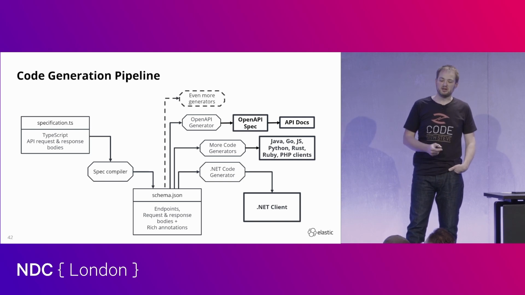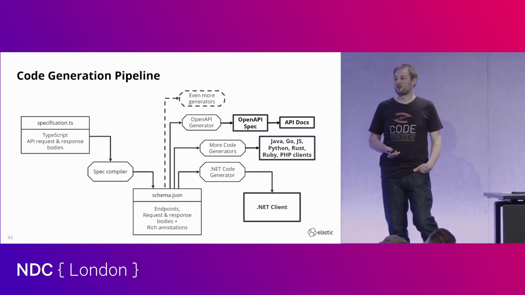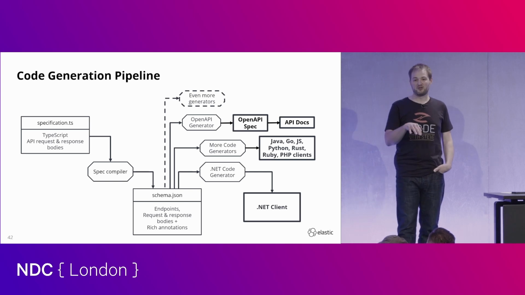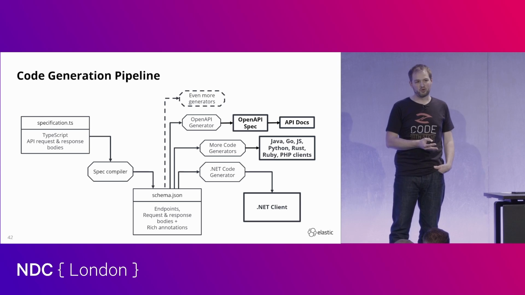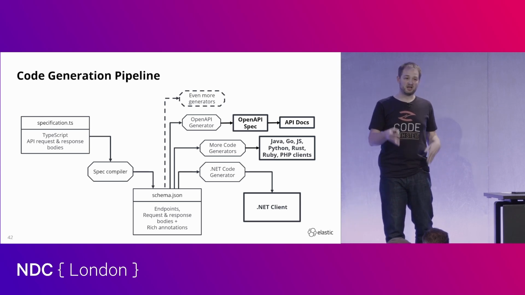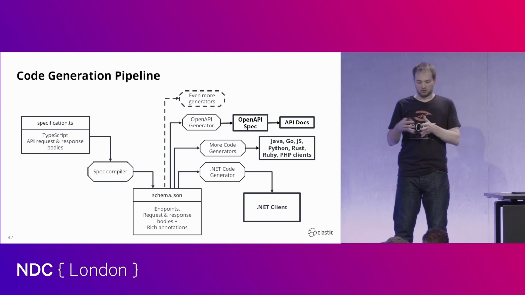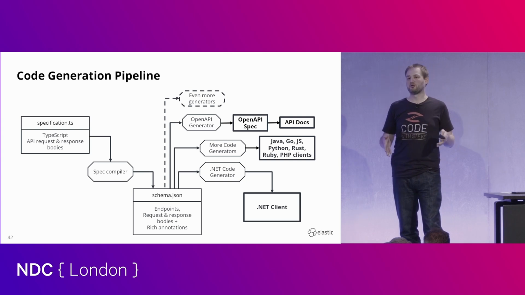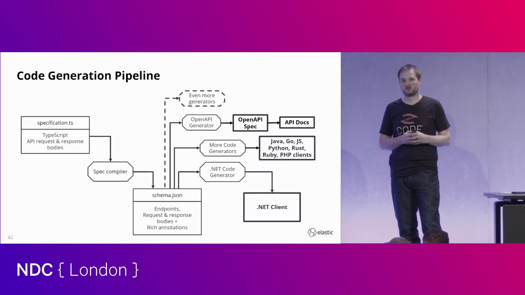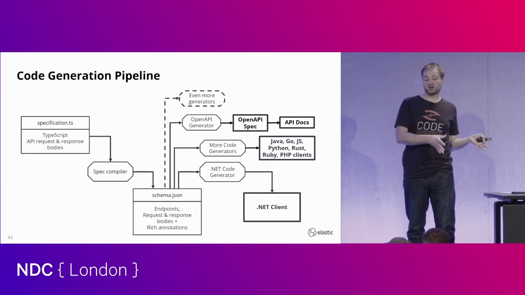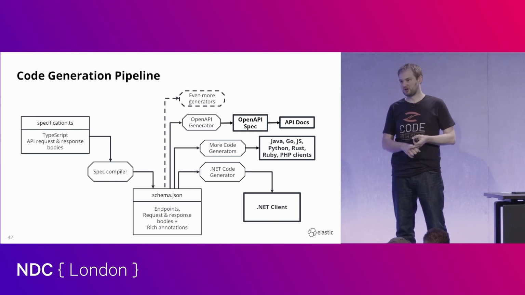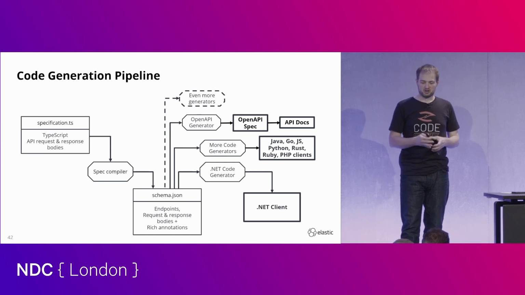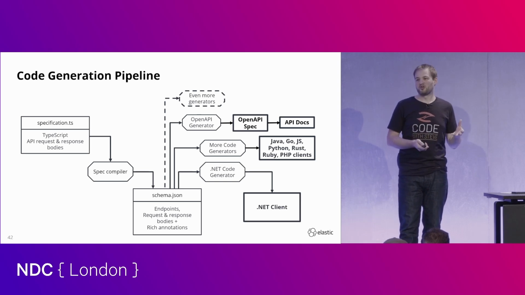The exciting idea is that we could even generate some of the server-side code, because if we get entirely schema-driven and we agree up front what the specification for endpoints is going to look like and how we're going to type them in our TypeScript model, we build the schema.json, and that's our single source of truth for what Elasticsearch's API should look like. So we generate the clients, but we can also generate the endpoints on the server and their models. And that would get us to a really nice place where, consistency-wise, we should always be consistent. And if we're wrong, we're wrong everywhere at least.